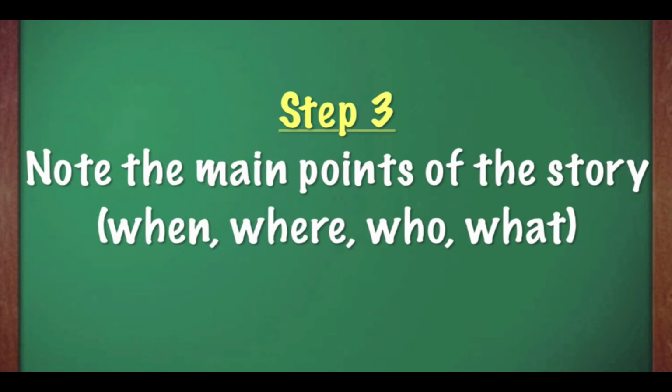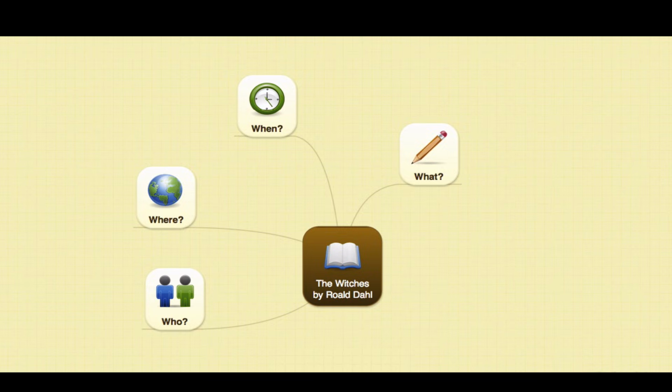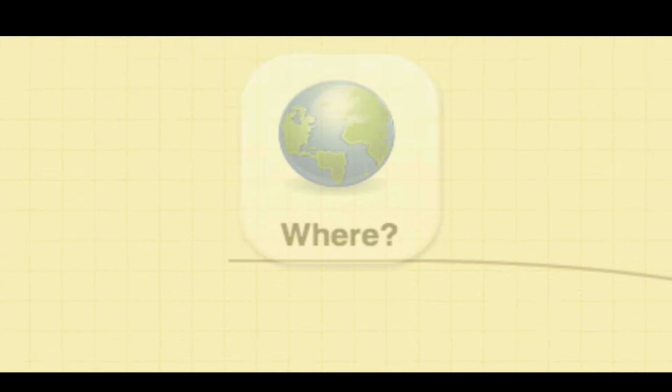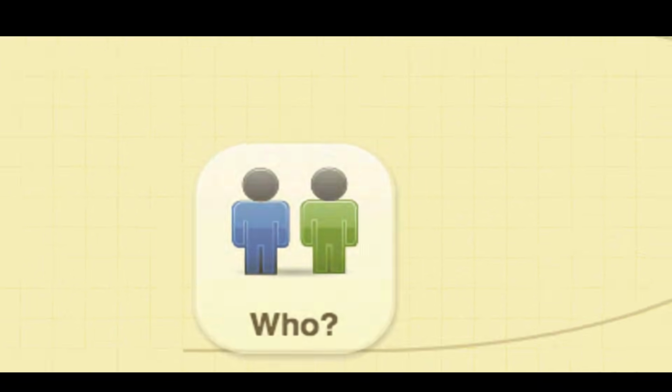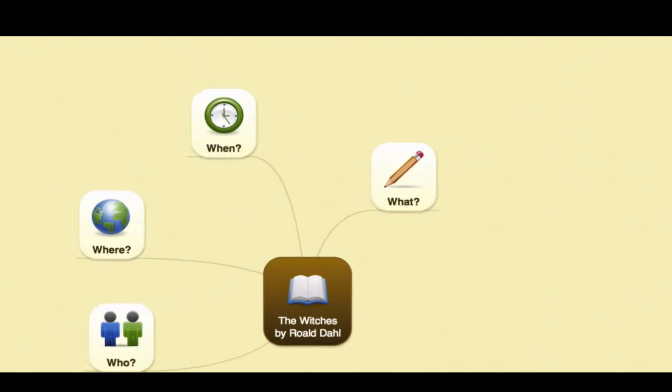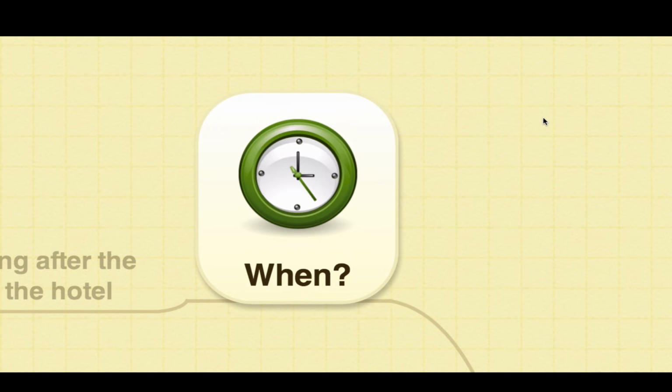Step 3. Note the main points of the story: when, where, who, and what. Let's now work out our summary plan made up of when, where, who, and what. Let's start with when.